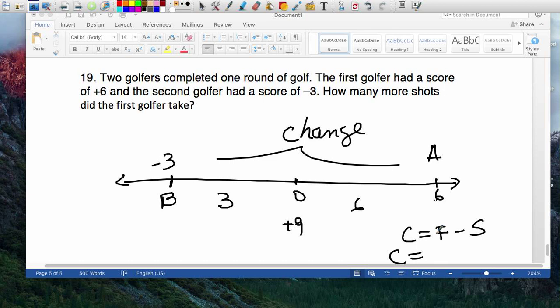What was the final? The 6 guy, right? 6 minus -3 turns into 6 plus 3, which is the same thing, 9 shots. So golfer A took 9 more shots than golfer B, making him the worse player for that round. Okay, that's that.